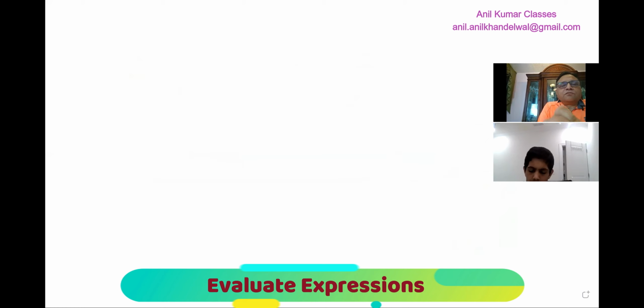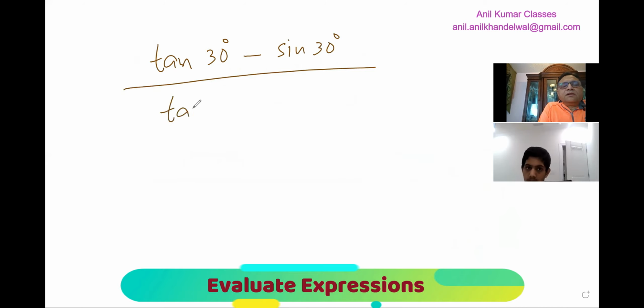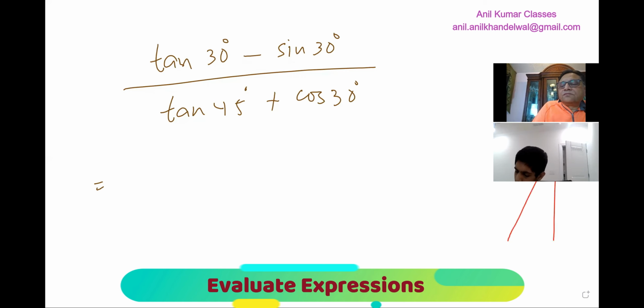Correct. So let's do this. Tan of 30 degrees minus sine of 30 degrees divided by tan 45 degrees plus cos of 30 degrees. Tell me what is this? Okay. So on the numerator, it's 1/radical 3 minus 1/2.